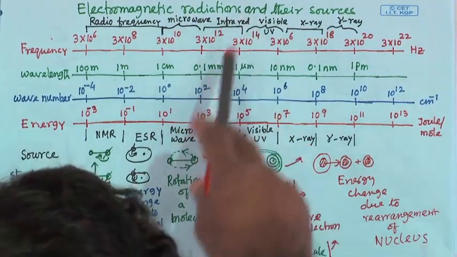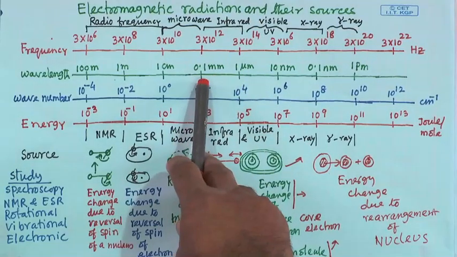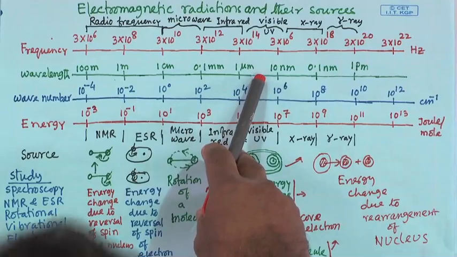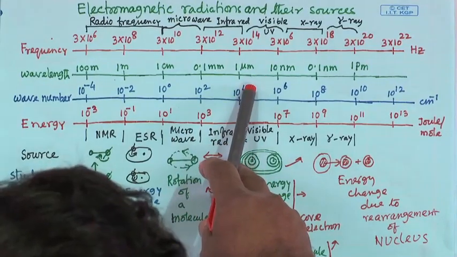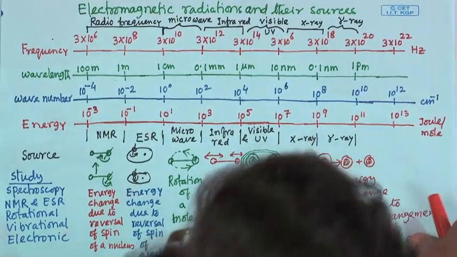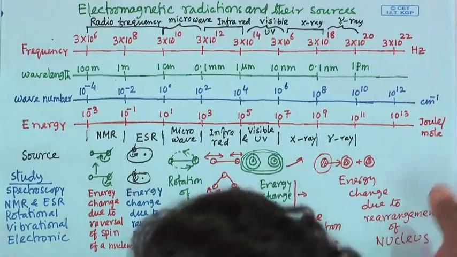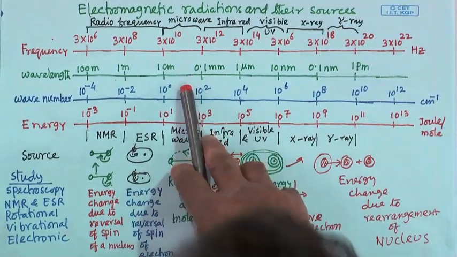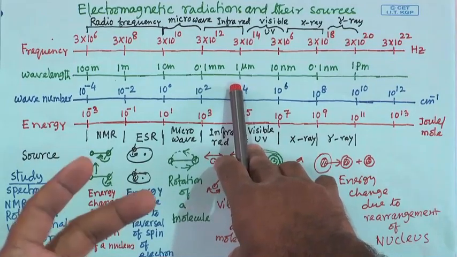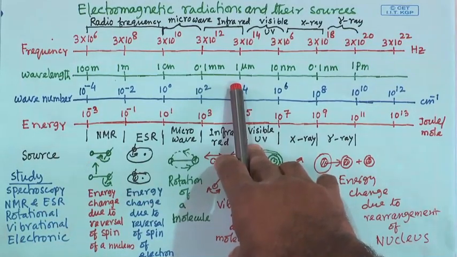Infrared is in the region 0.1 millimeter to 1 micrometer, but sometimes they overlap, but still we can distinguish whether it is microwave or infrared. Although they have the same wavelength, we can distinguish them.